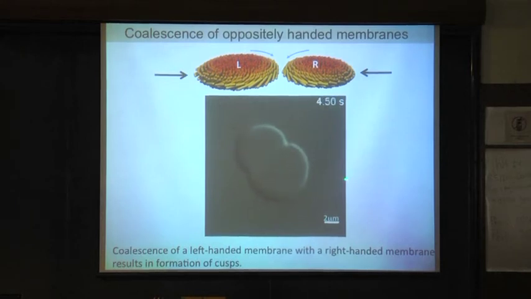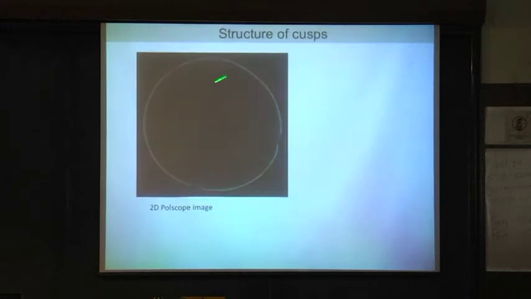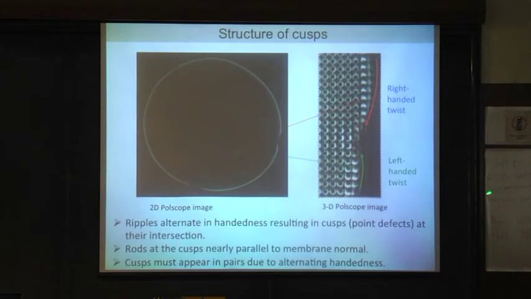So we do our favorite technique of looking at the tilt of the rods around this cookie-shaped membrane. You do a polarization microscopy imaging, and what we find is that there is tilt everywhere except right at the cusps. At the cusps, the rods are along the z axis. In order to know the handedness between these two regions, we do the 3D polarization microscopy and find that there is left-handed twist, which then turns into a right-handed twist as you go across the cusp.